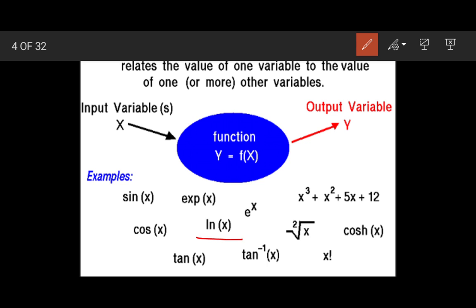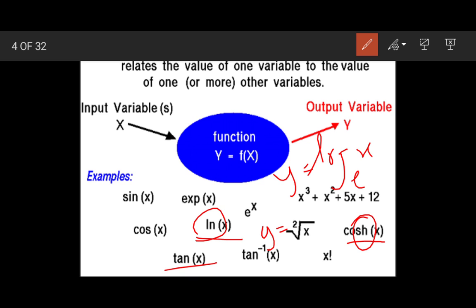Then next is log x. Here ln means natural log, so log to the base e of x. y is equal to this. Then y is equal to 2 root x. y is equal to cosh x. This h represents the hyperbolic function.